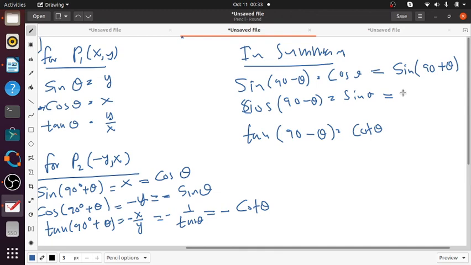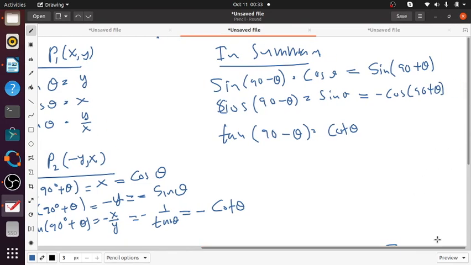Sine theta is equal to minus cosine of 90 plus theta, and cot theta is equal to minus tan of 90 plus theta. Right? So please try to memorize these things before the next class. Okay, thank you.